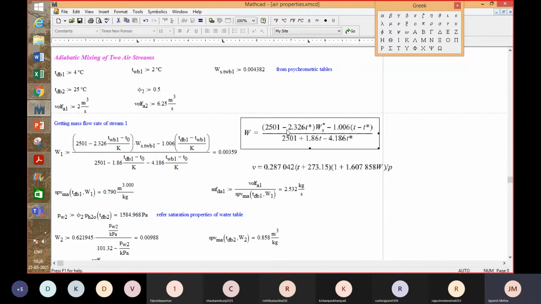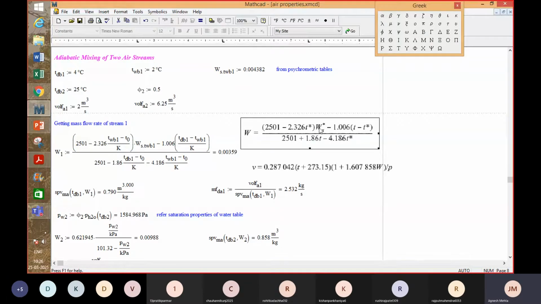So you can use this formula, where T star is the wet bulb temperature, WS star is the humidity ratio at the saturation condition at wet bulb temperature, which you have to get from the psychrometric table, and T is nothing but the dry bulb temperature. With the help of these parameters, you can get the value of humidity ratio at state 1.